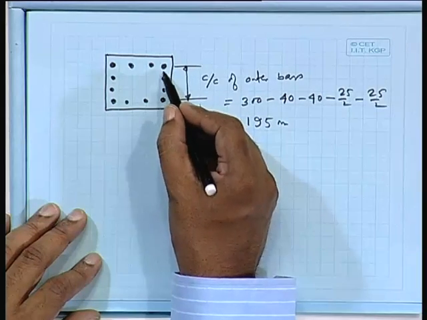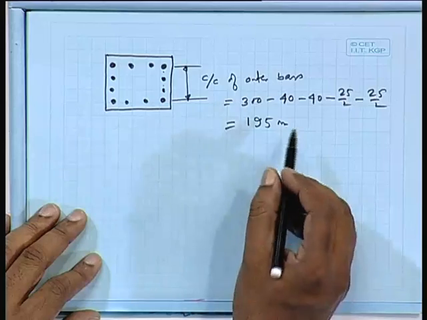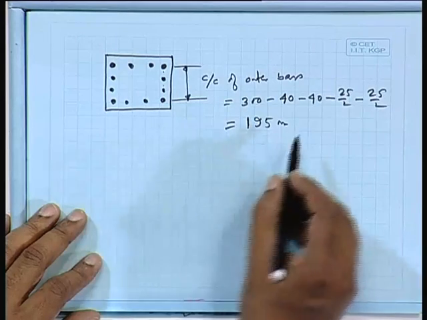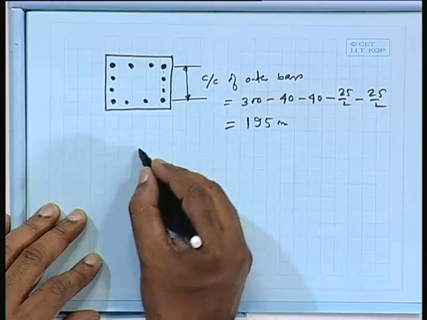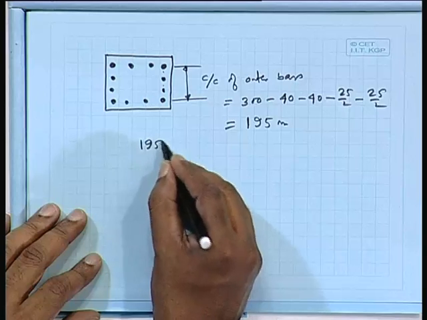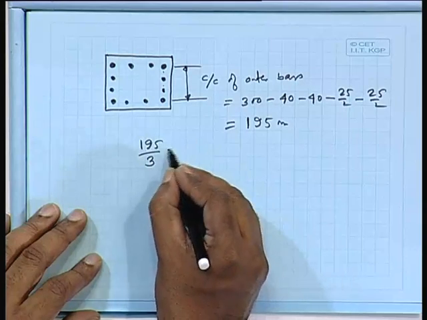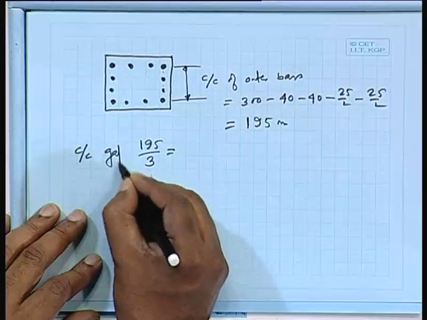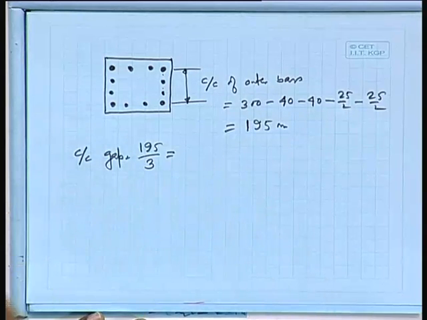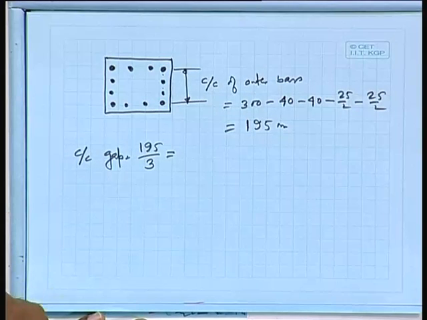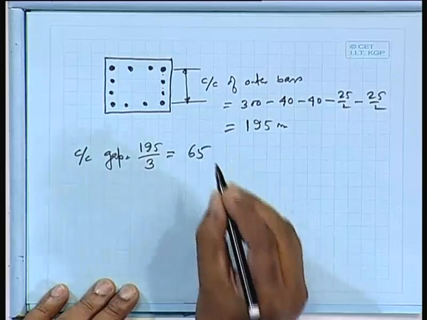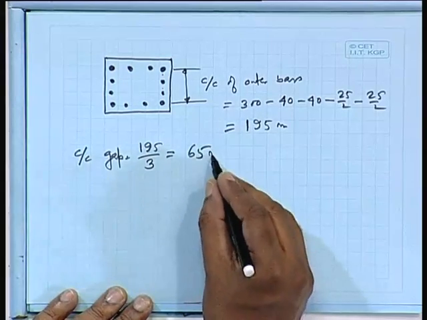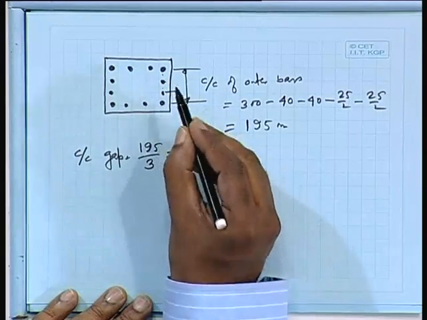How many gaps are there? 1, 2, 3. So, 3 gaps are there. Let us find out: 195 by 3, the center to center gap, which comes as 65, the center to center gap between these two bars.